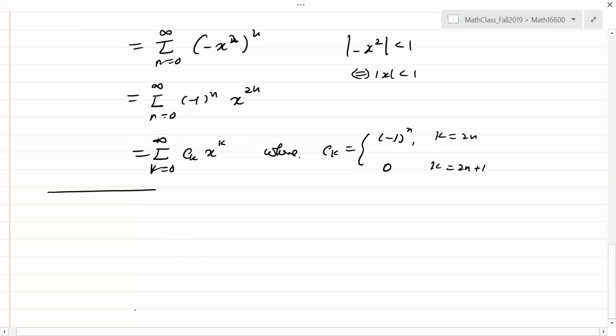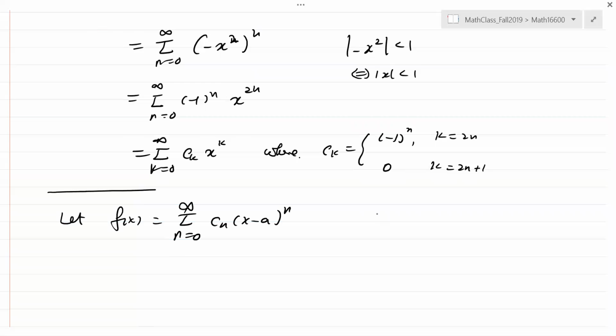So we consider this power series. Okay, and the first thing we have to make sure is where it can be defined.